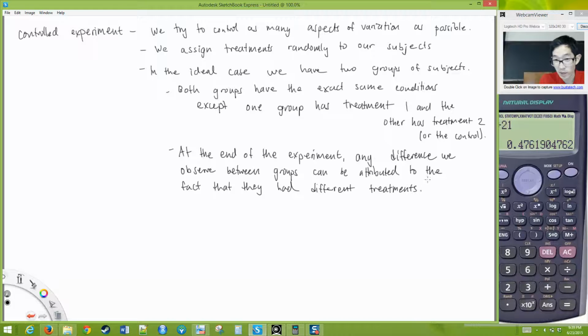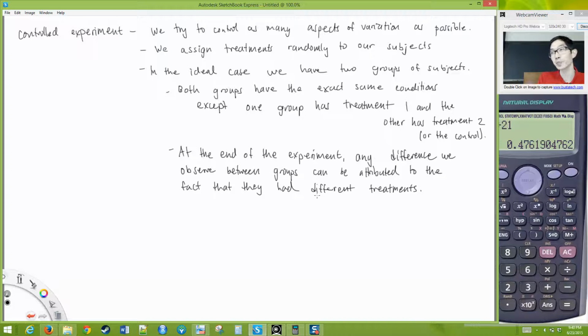Okay, and it will come down to the fact that in a poorly designed experiment, maybe you had group 1 and group 2. In group 1 you gave the treatment, in group 2 you gave the control or the placebo or whatever it might be, and you wanted to record what happened. But maybe group 1 was all women and group 2 was all men.